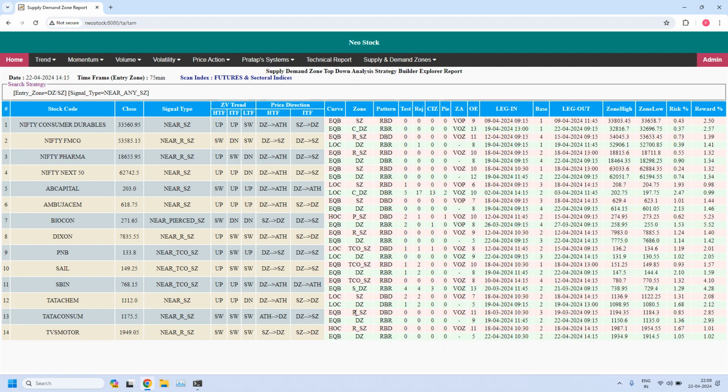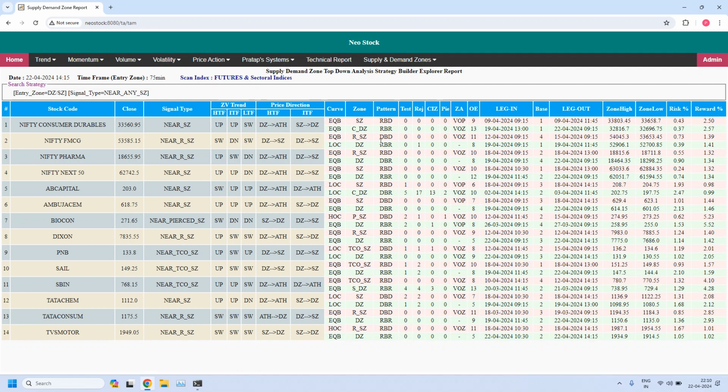You have Tata Consumer is there. This is also a high liquidity 75 minute supply zone and a fresh zone. So you need to check the quality and then you need to plan the trade. And we have one more TVS Motor. This is also high liquidity supply zone, 75 minute supply zone and a fresh zone.